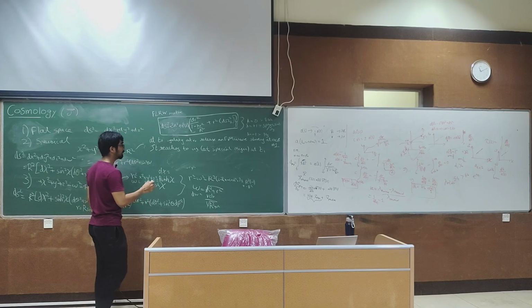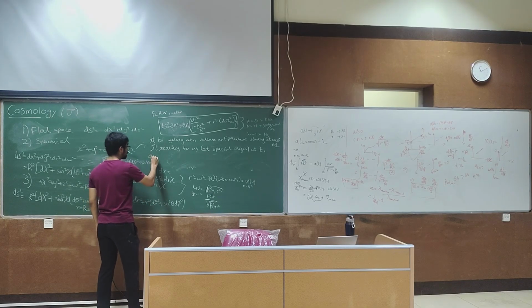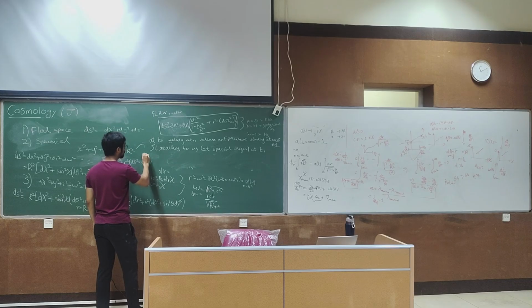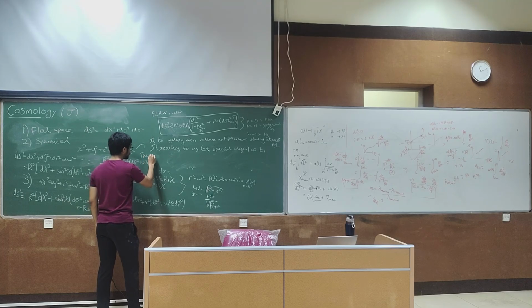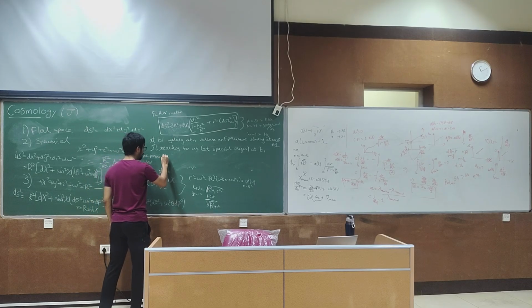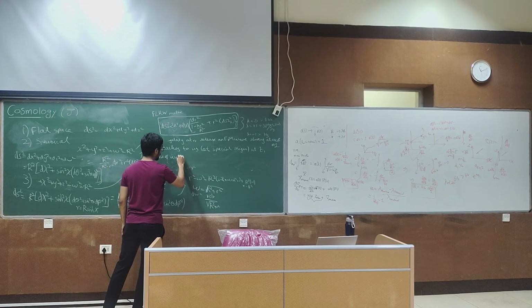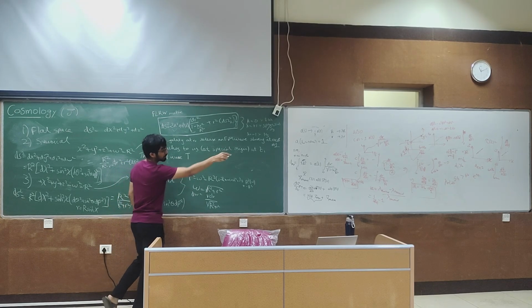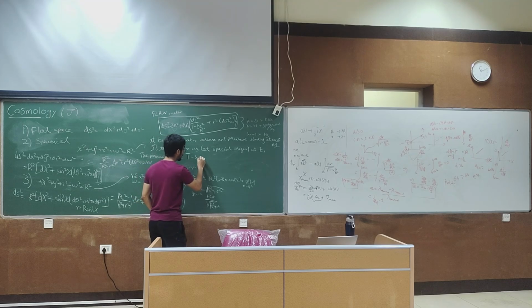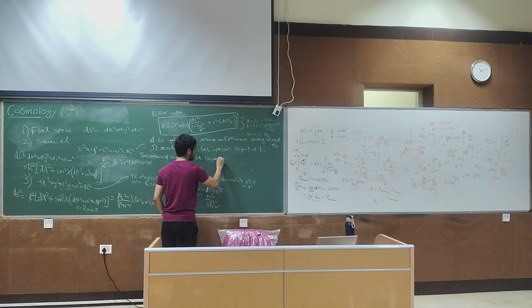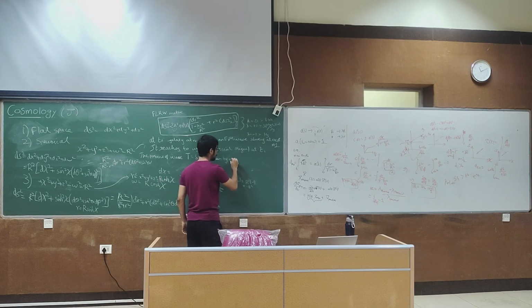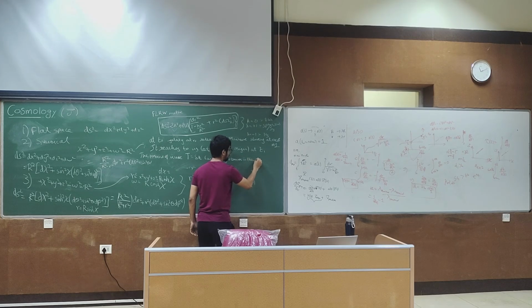Now, the second: let the time period of the wave, say capital T, which in that notation is delta T naught, as seen by an observer in the distant galaxy.